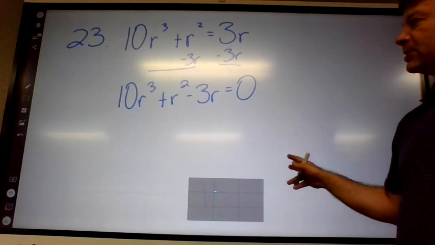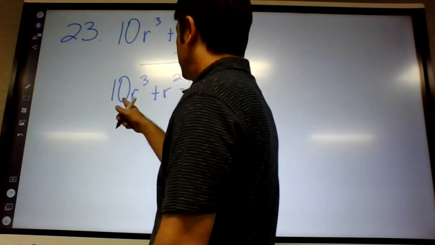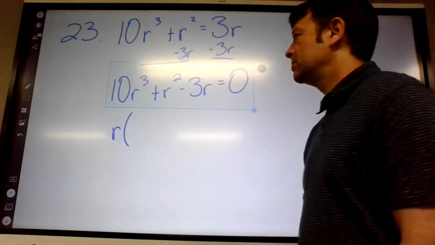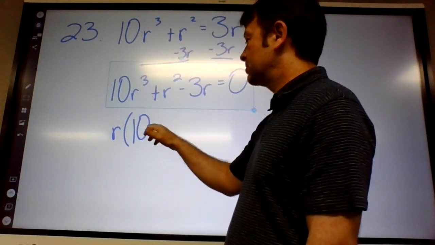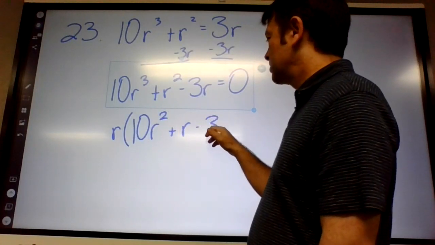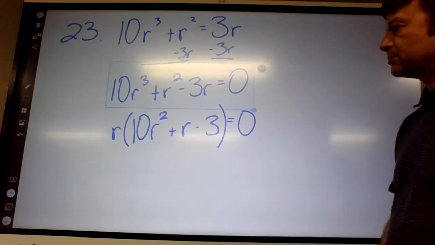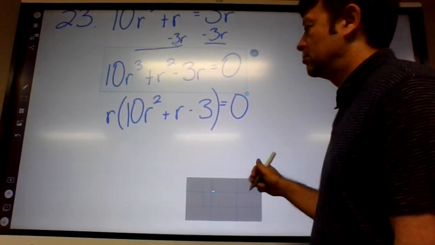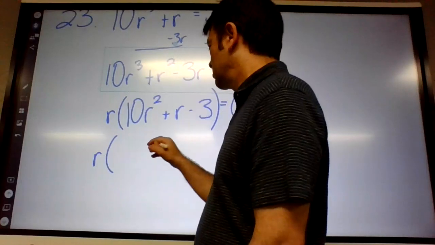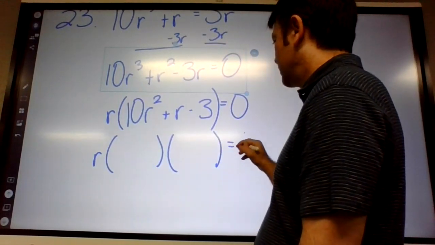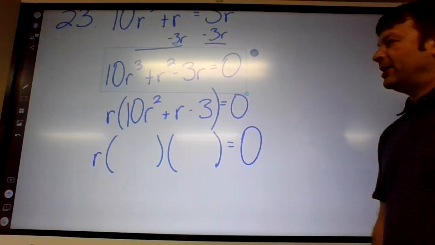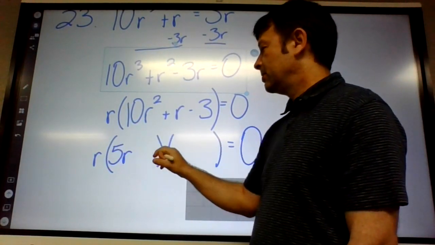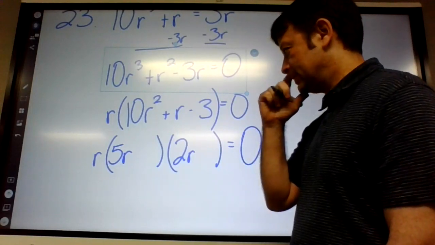And then Clayton, you guys see what Clayton said? He said, take out an r. And then what's left? So what's probably going to go in the front on this one? 5 and 2 probably. Possibly 10 and 1, but not really.